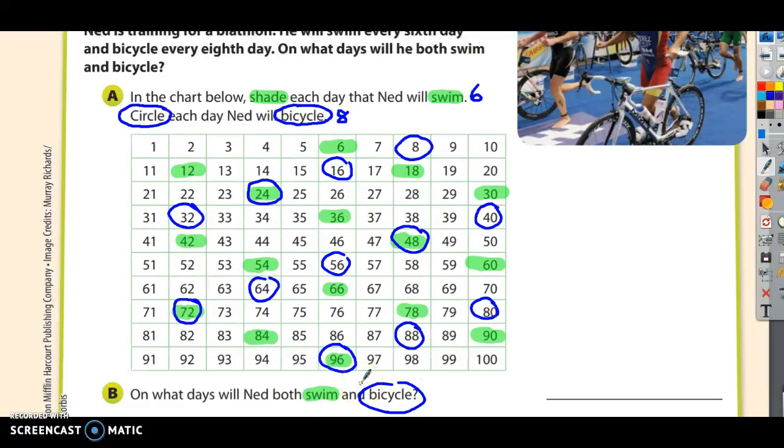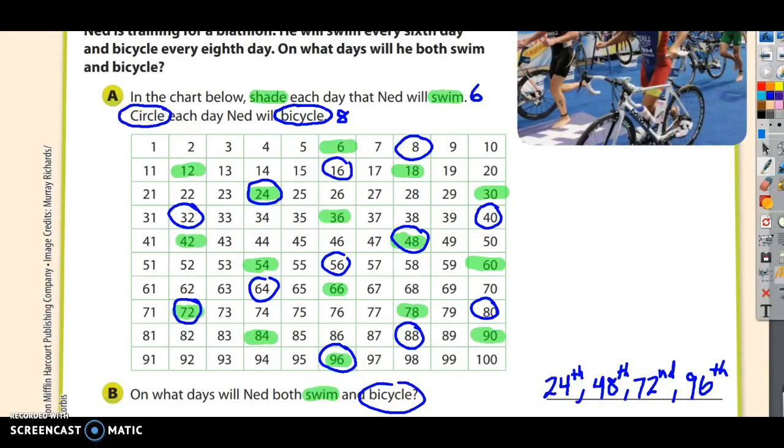It's going to be on the 24th day, and on the 48th day, and on the 72nd day, and on the 96th day. I wrote that wrong. So 4 times he did both workouts in the same day.